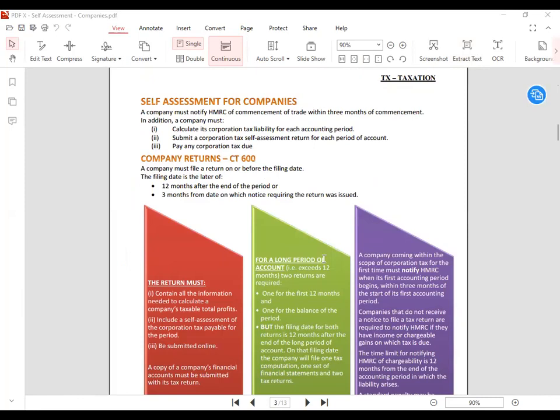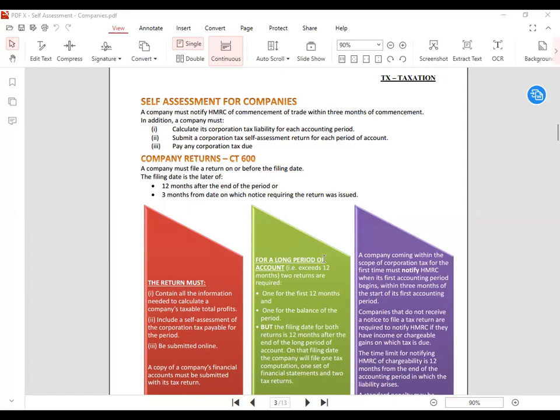Is it one lump-sum payment, or are installments allowed? Which date must they submit the return? Which date is the last date for the tax payment? These things are the core topics of chapter 18, which is tax administration for a company.